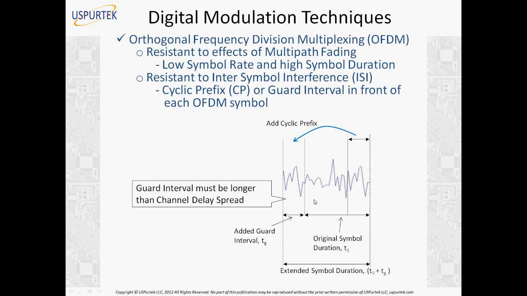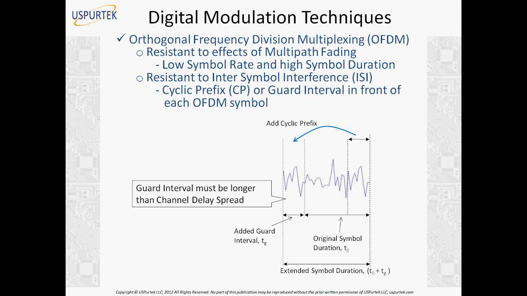As I said, the channel delay spread is the length of time between the earliest signal and the later signal. Because of multipath fading, we are receiving multiple copies of the signal arriving at different times. First we receive the line of sight signal, and then after a few microseconds, we receive a signal reflected from the hilltop. A few microseconds later, we receive a signal from the building. They are the same signal, but they are arriving at different time intervals.